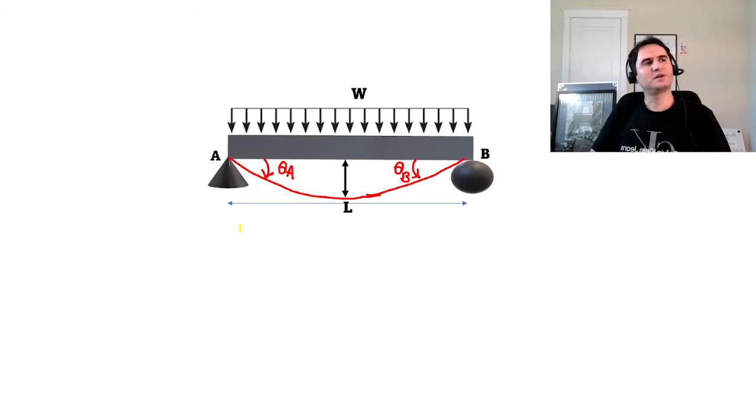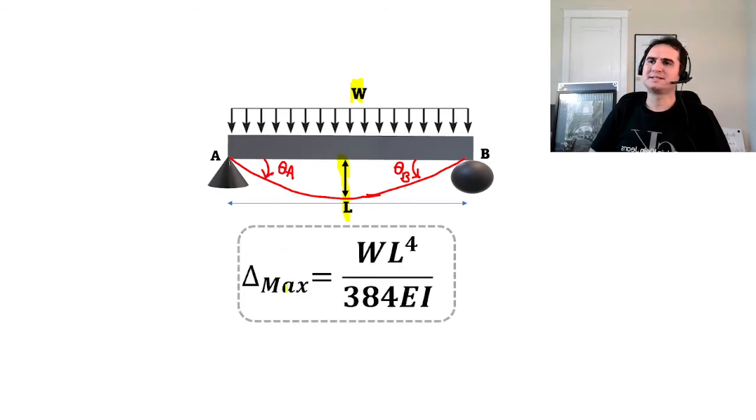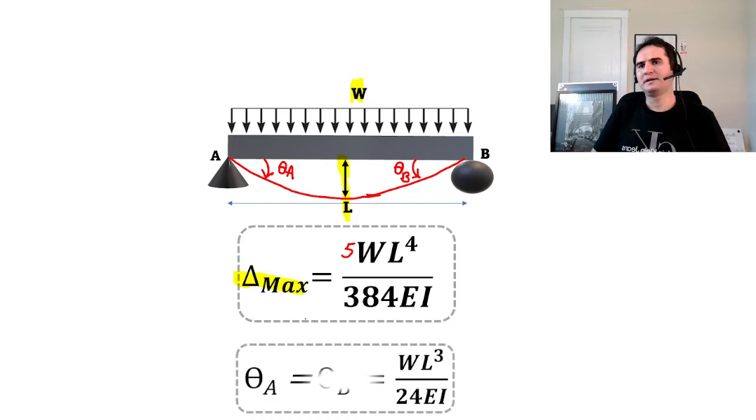If you remember, last time we learned that delta maximum for such a beam and loading is 5 WL to the fourth over 384 EI, and theta is WL cubed over 24 EI.